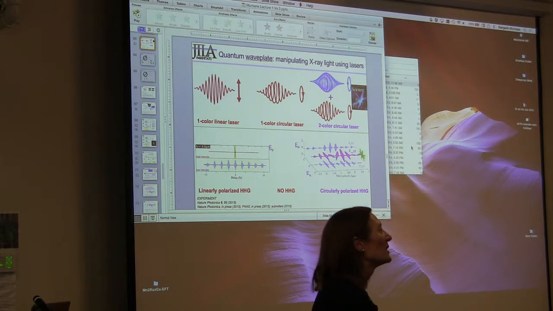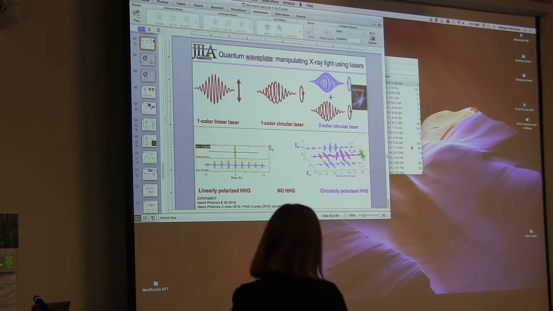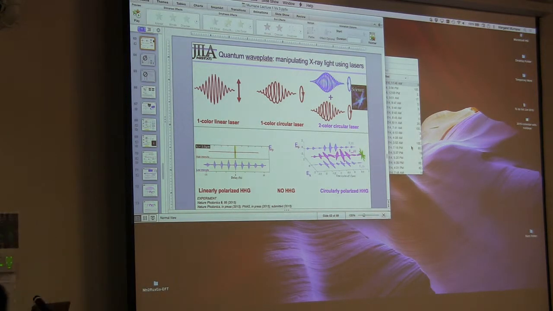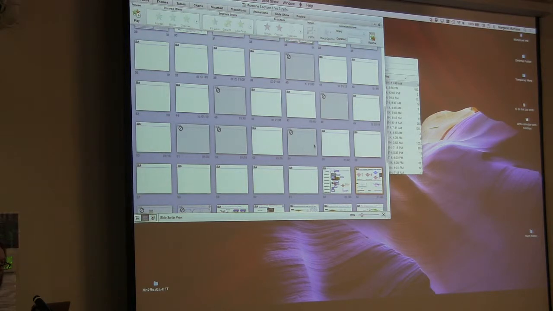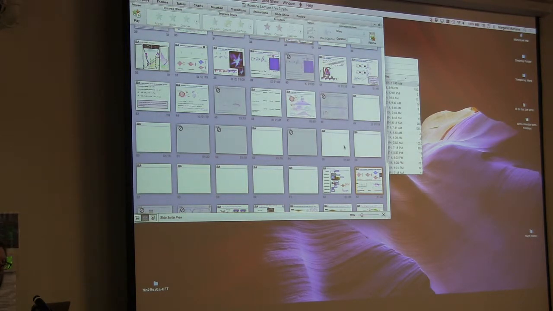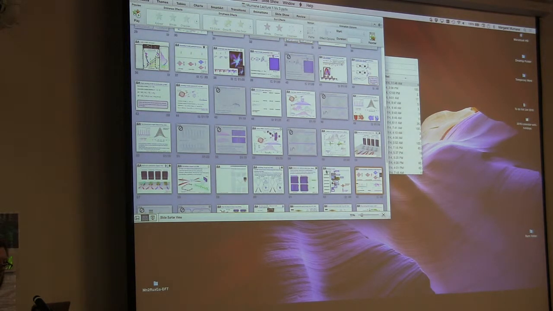Your last slide was right and left circularly polarized. What is the temporal duration of these right, left circular harmonics? Essentially, especially when you're looking at the combs, you can do a back of the envelope Fourier transform, and they're not very chirped.